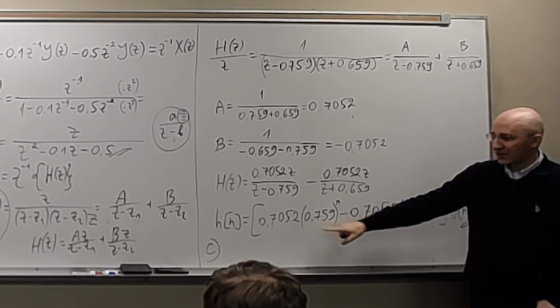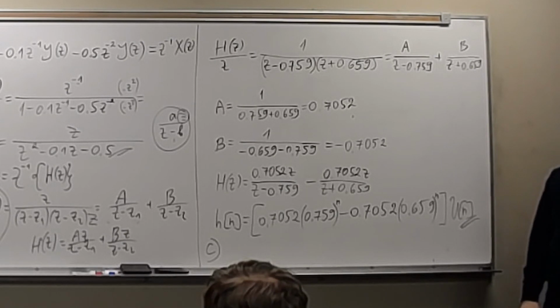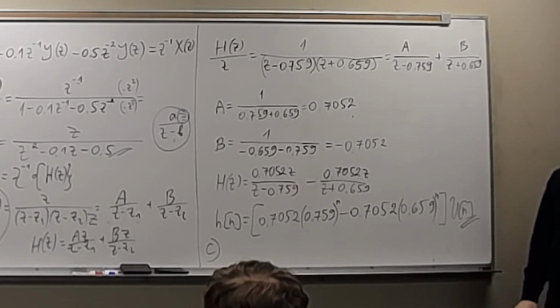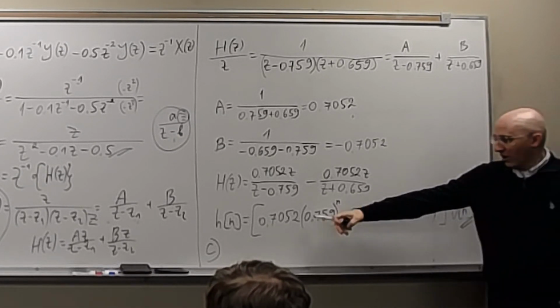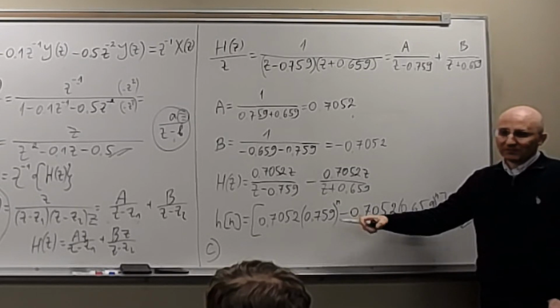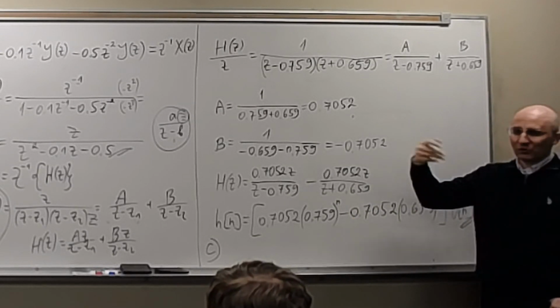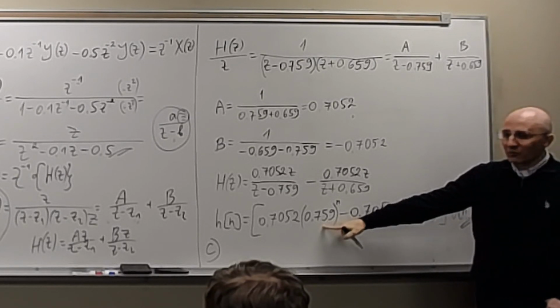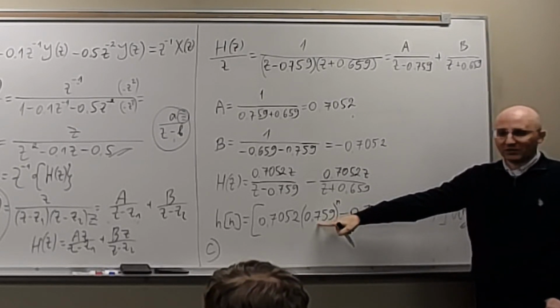Now, when is this thing converging to zero as n goes? When this value is smaller than 1. So if you have a value which is smaller than 1, something to the power of n, when n goes to infinity, it will be smaller and smaller and smaller. If this one is larger than 1 in absolute value, where will it go when n goes to infinity?